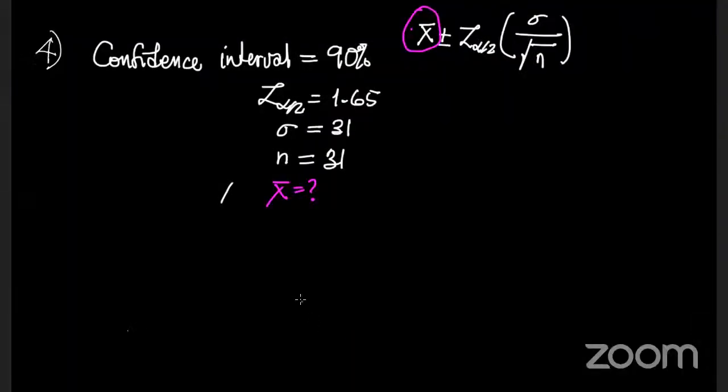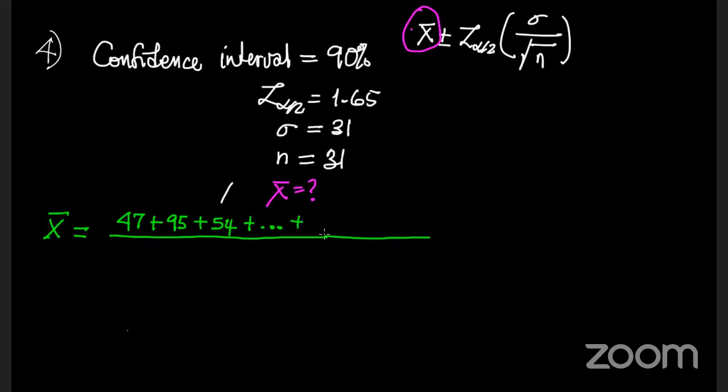The mean is equal to summing up: the first number is 47, add 95, add the next 54, and continue adding till we get to the final one, 29. I'm using an ellipsis instead of writing all of them.